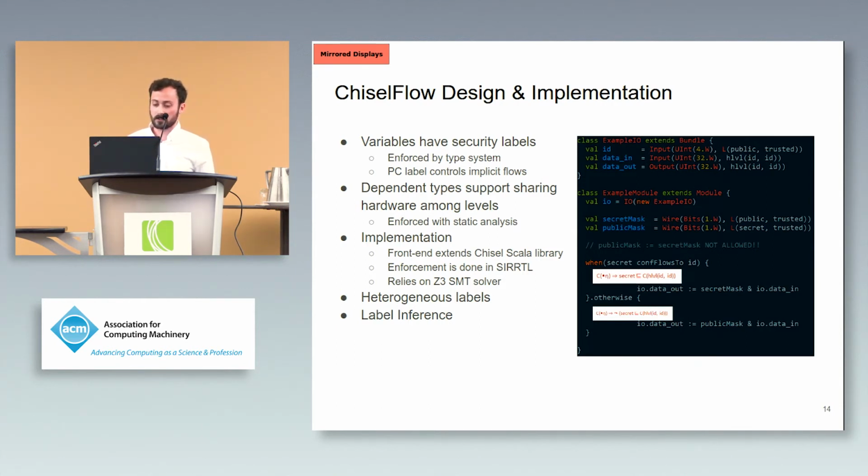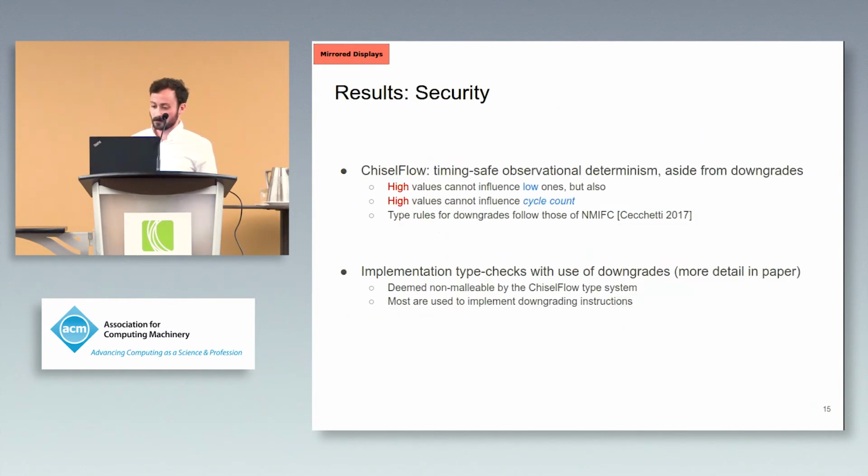Chisel flow also offers support for heterogeneous labels and label inference for making it easier to check that the design is secure. We also proved that Chisel flow enforces timing-safe observational determinism aside from downgrades. This gives strong assurance that hardware implemented with Chisel flow is secure and free of timing channels.